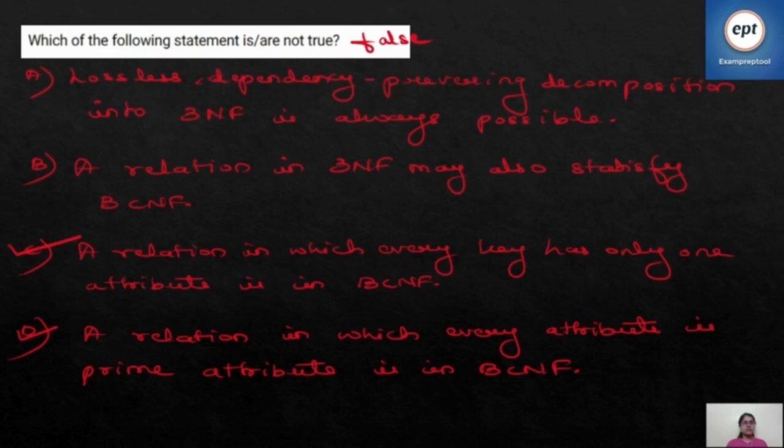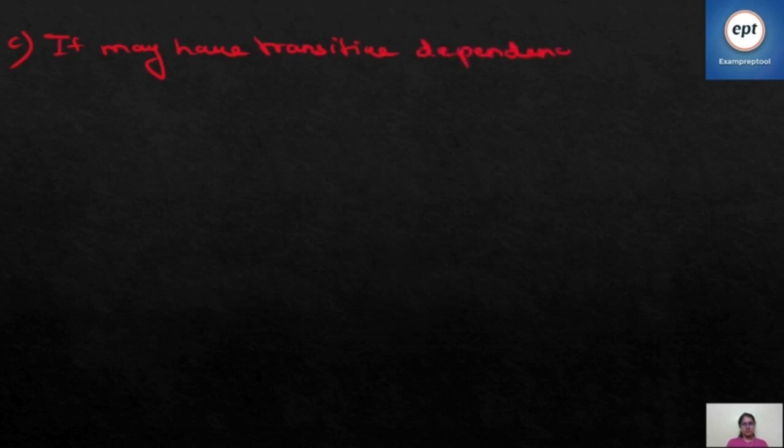So let's write the reasoning for options C and D. C reasoning: it may have transitive dependency.